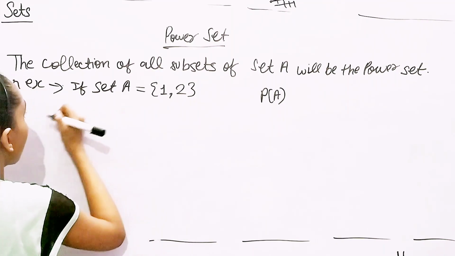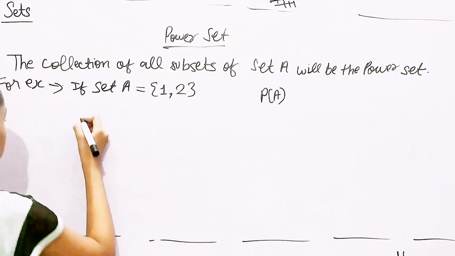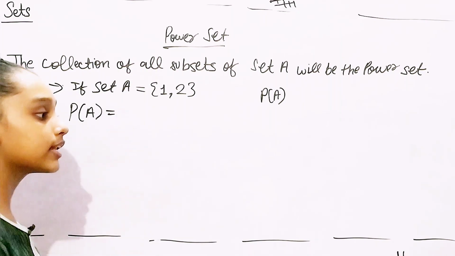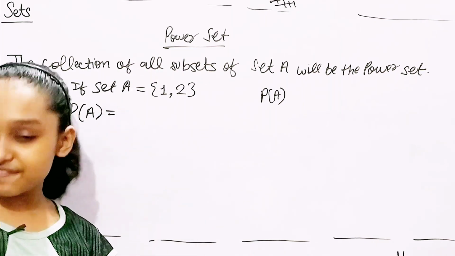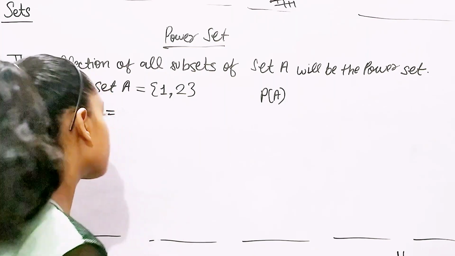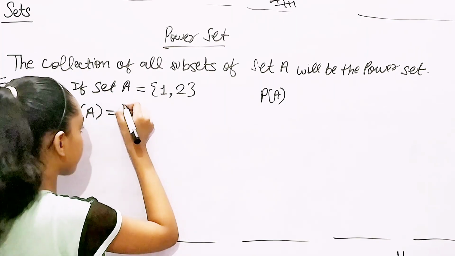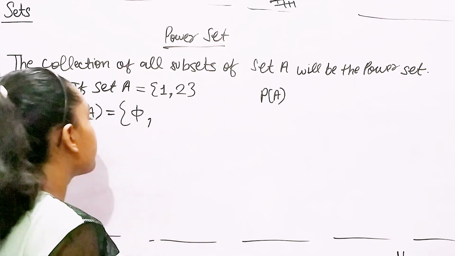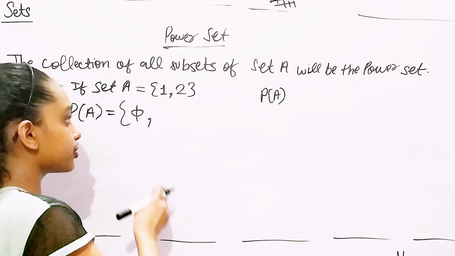P of A is going to be, as I told you, phi is a subset of every set. So don't forget to write phi, because this is the main one. Okay, so phi, and the second one is going to be the singleton set.